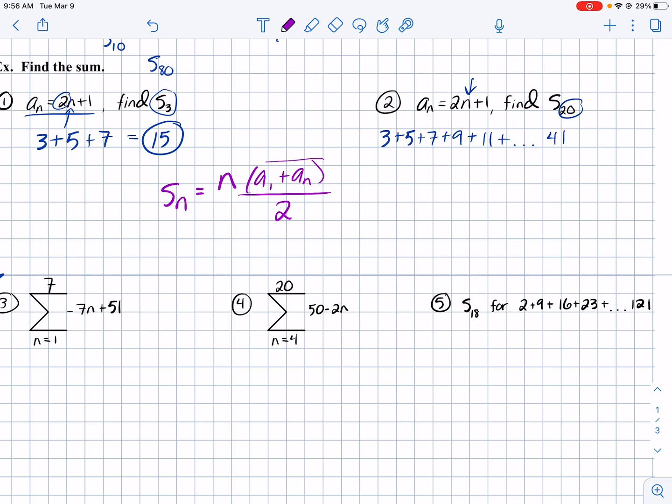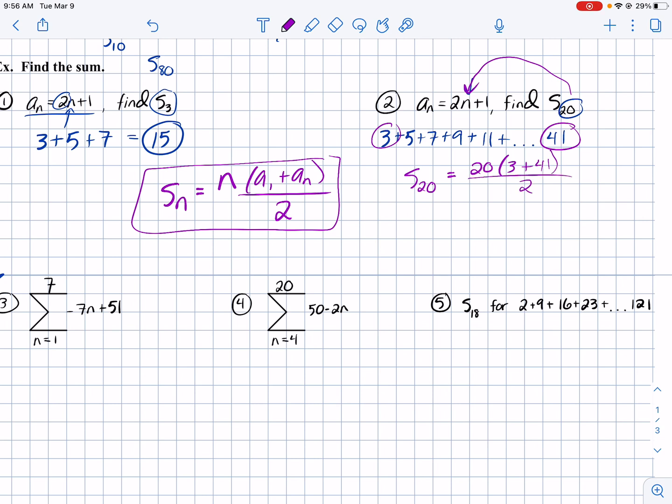So for number 2 here, if we're using our partial sum equation for this arithmetic series, it's the sum of the first 20 terms. It equals 20 times the first term, 3, plus the last term, 41, which again came from plugging 20 in, and then all divided by 2.